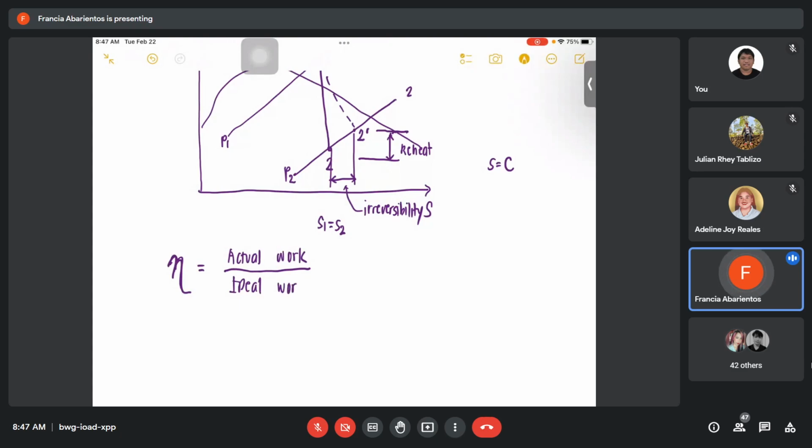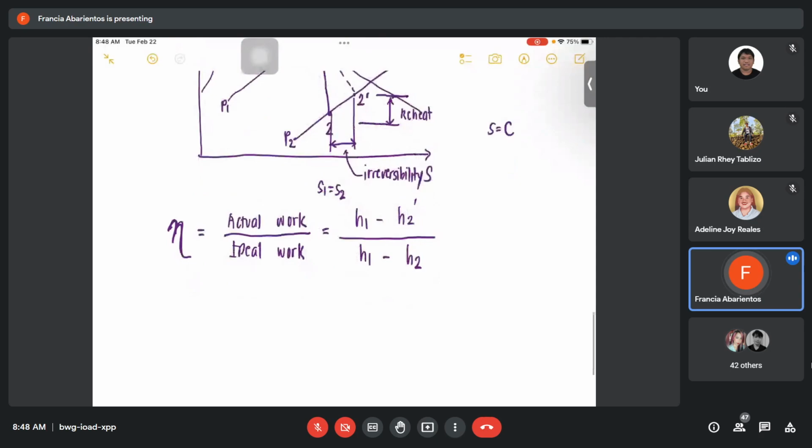Para makuha mo yung efficiency natin, mostly ginagamit is the work of the steady flow process. We have now the H1 minus H2 prime over the ideal, H1 minus H2.